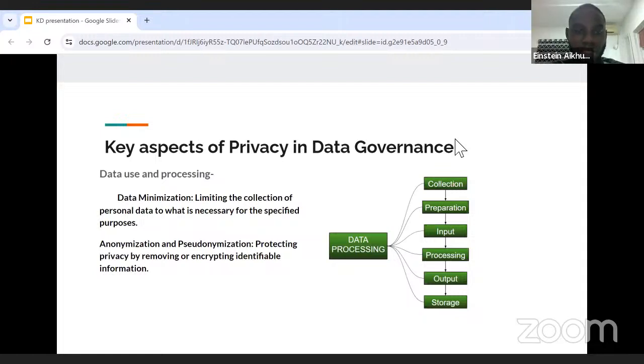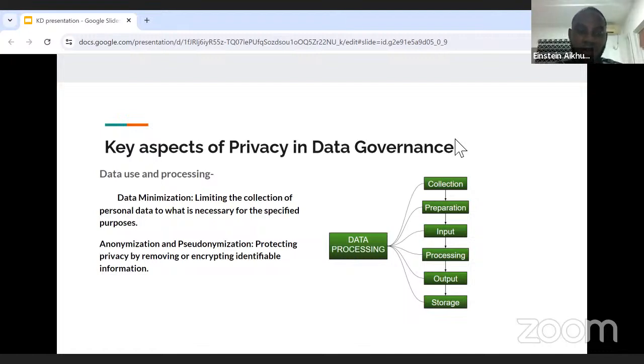Data use and processing. Another key aspect in privacy is data use and processing. Data minimization, limiting the collection of personal data to what is necessary for specified purposes. And anonymization and pseudonymization, protecting privacy by removing or encrypting identifiable information.